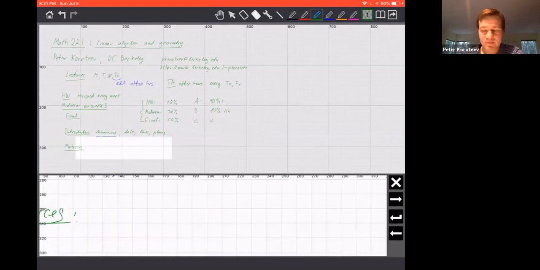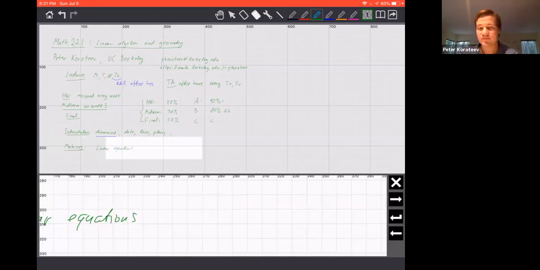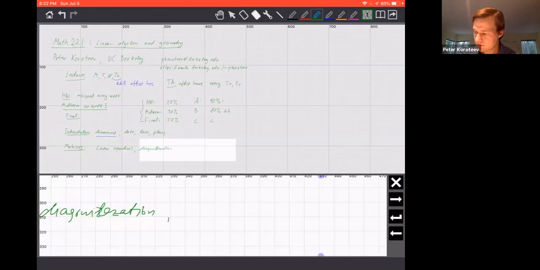So we'll study matrices in connection with systems of linear equations, and then various operations with matrices, their diagonalization, determinants of matrices, and so on. Etc. But most of that will be in the context of solutions of linear systems of equations.